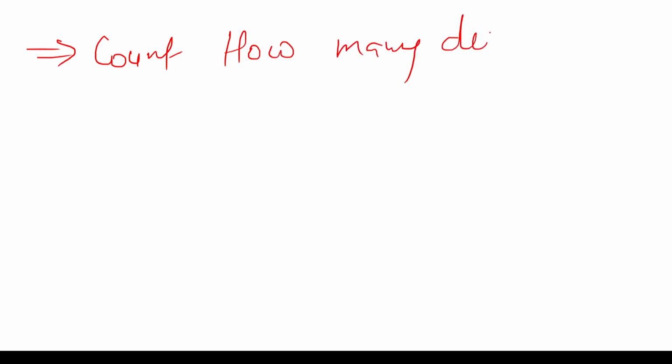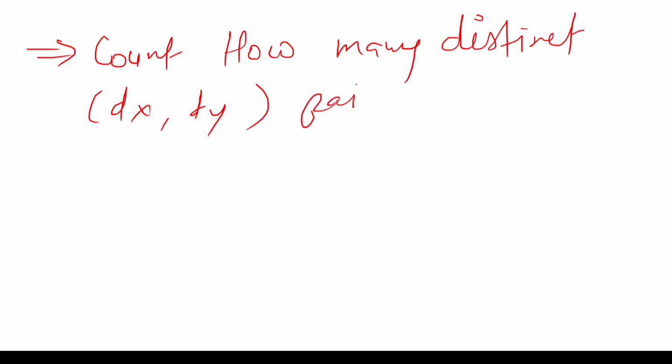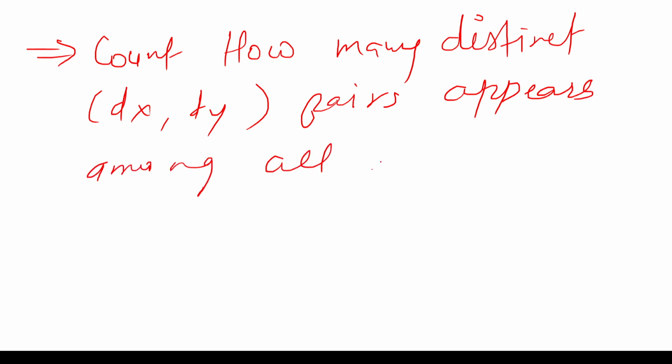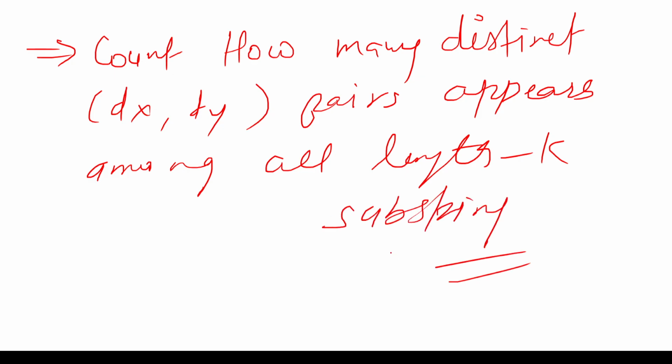What is it reduced to? The problem is to count how many distinct dx, dy pairs appear among all length minus k substrings, right? Now this is our problem and it has been reduced.